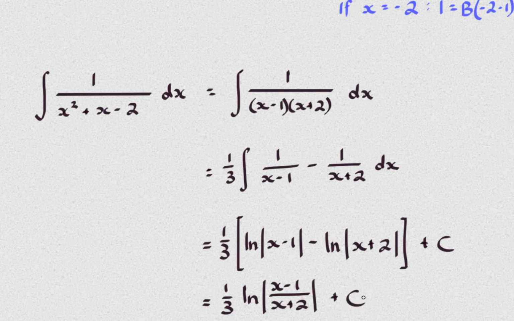And so there we go. We have solved what started out as quite a tricky proper function, but we were able to decompose it into simpler partial fractions. So let's go ahead and do another example, this time with three values a, b, and c that we're going to find.